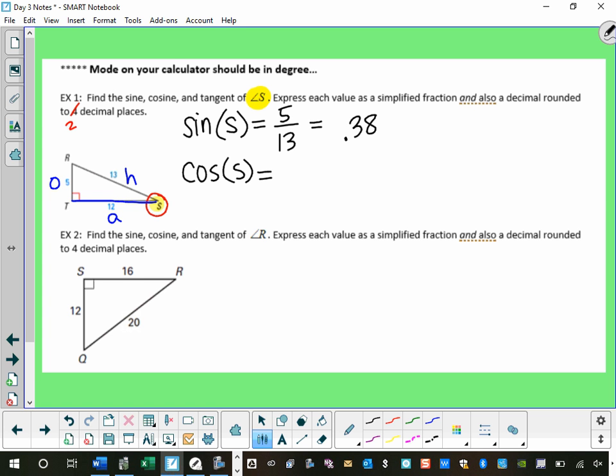Diana, what's my adjacent? 12. And what's my hypotenuse? 13. Type this in, what do you get as a decimal? 0.92.